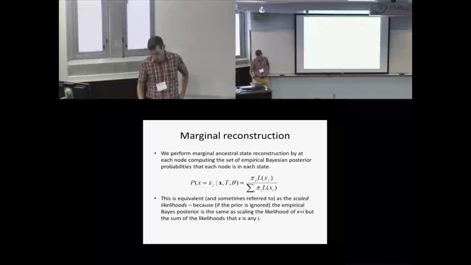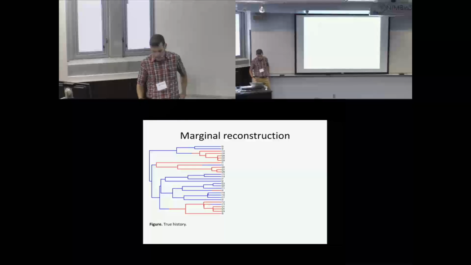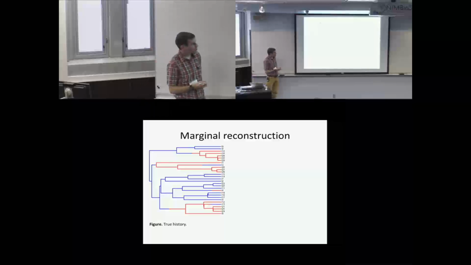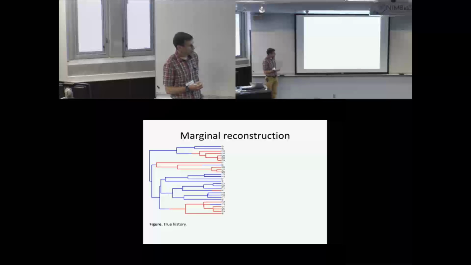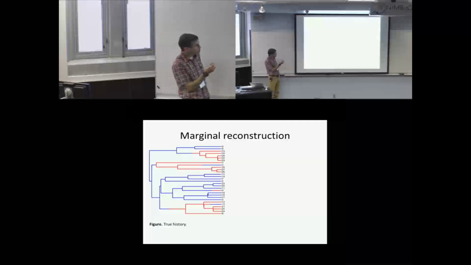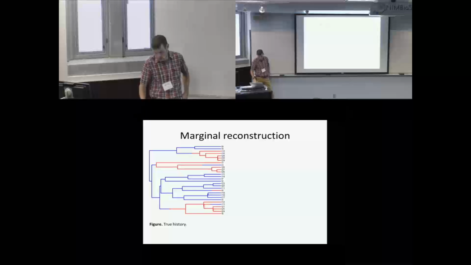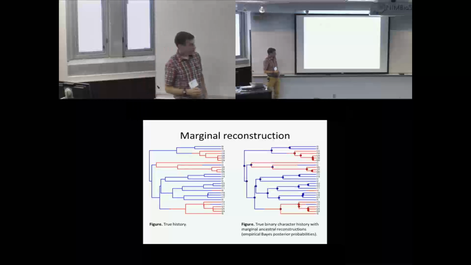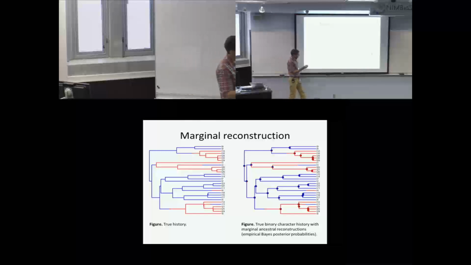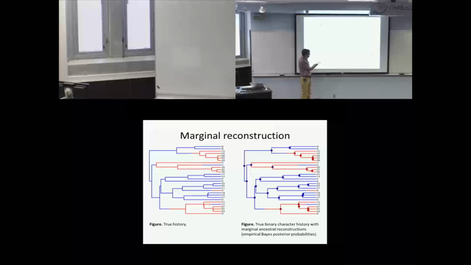And just to illustrate these a little bit, here is a simulated history for a character that has 2 states on a phylogeny. Normally, of course, we wouldn't know this history. And then here are the empirical Bayes posterior probabilities, or marginal ancestral states, reconstructed at internal nodes in the tree.